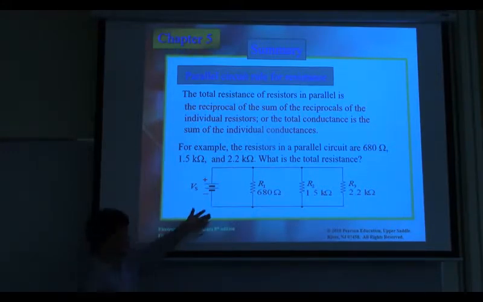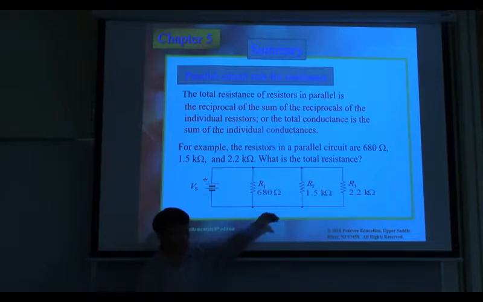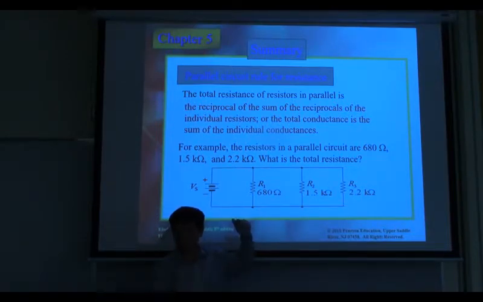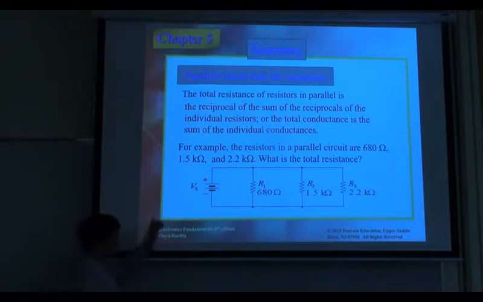So in this case, either series or parallel. That's very simple. This one is not series, so it is parallel. For parallel, the total resistance equals the reciprocal of the sum of the reciprocal of each resistance. What we need to write is the total resistance, RT, equals the reciprocal, that means 1 over something.